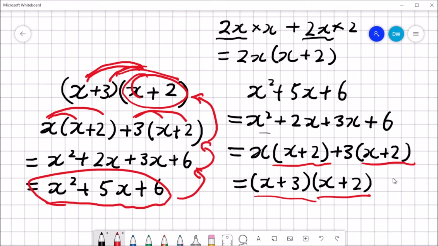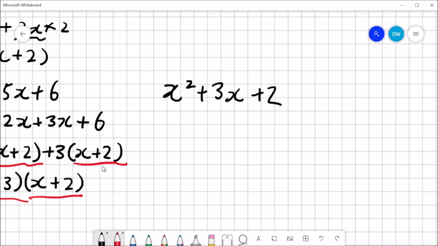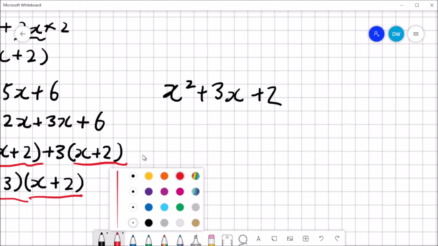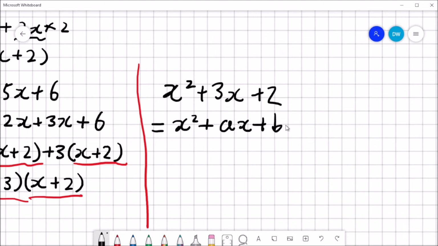What if we do not know what it is? For example, in this example, we don't actually know what the middle term is meant to be. So all we can do right now is write stand-ins for them: x squared plus ax plus, we don't know what a and b are, and that's something we need to find out, plus 2.